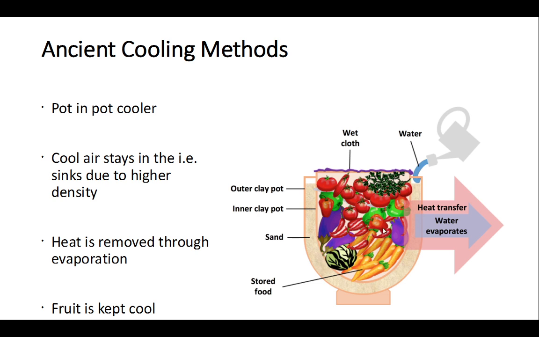There's a wet cloth on top of it to keep it all nice and cool. And that's an ancient fridge. That's been around for thousands of years. It's just using clever technology, and it's something you can make yourself very easily. So if you ever go camping, you just need an inner and an outer pot, put some sand and water in between, put the pot in the sun, and as it heats up, it'll actually cool down on the inside.